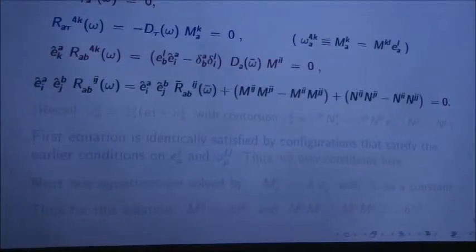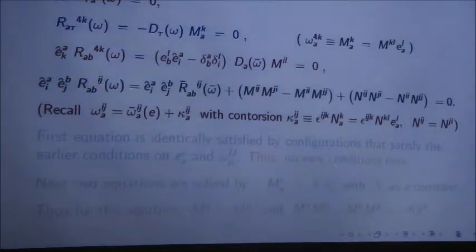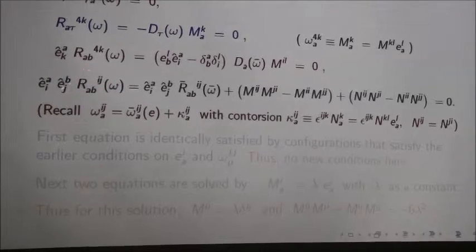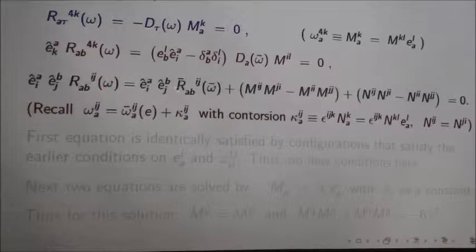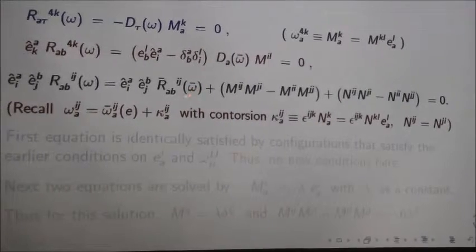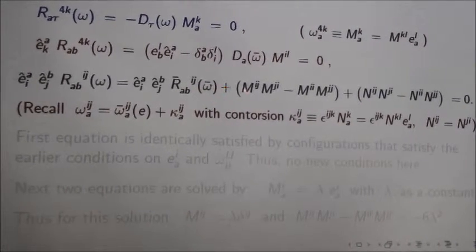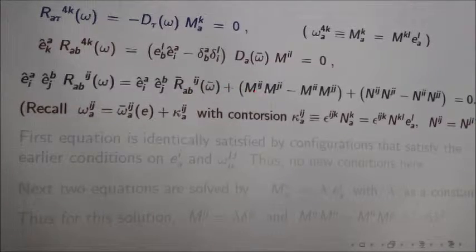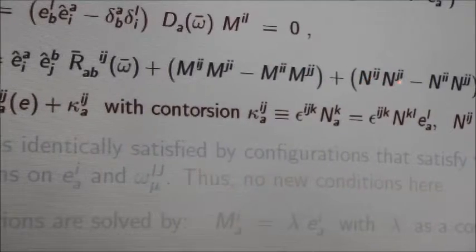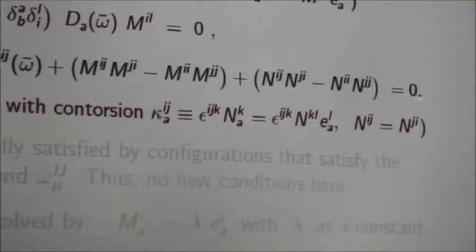So, the last one is a single equation: the inverse triad e_A^i e_B^j contracted with R^AB_j omega, to make a scalar out of it. Expand R^AB_j omega in terms of the torsion-free connection omega bar that we defined, and then it has additional pieces M_ij M_ji minus M_i squared and M_j squared, and N_ij N_ji minus N_i, and that is equal to 0.